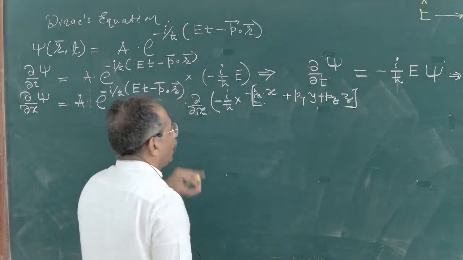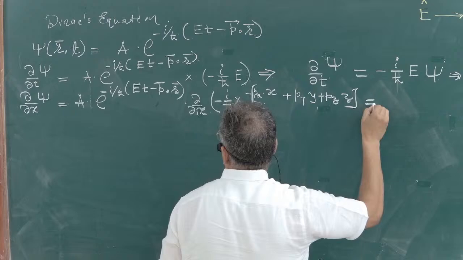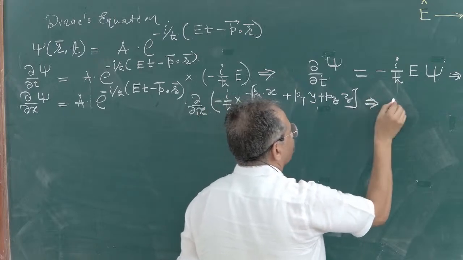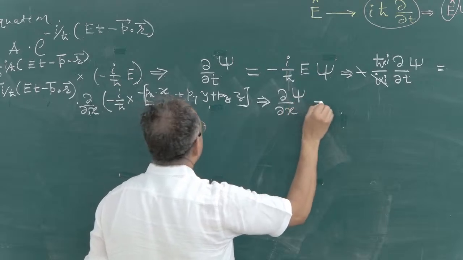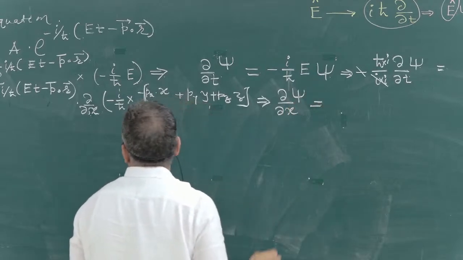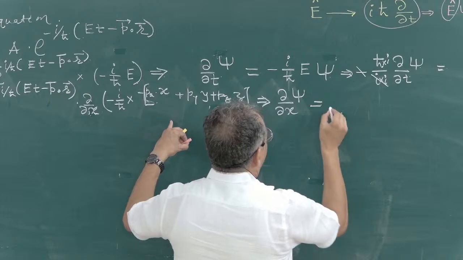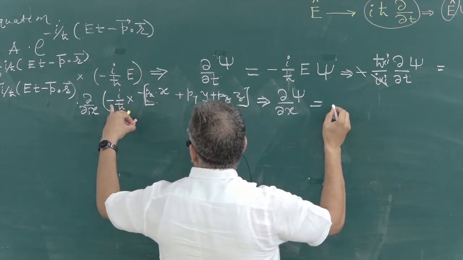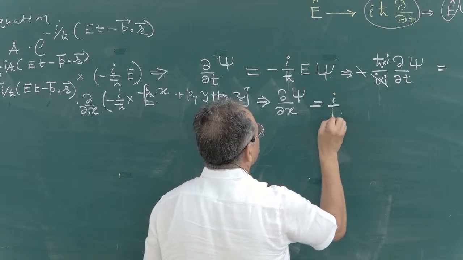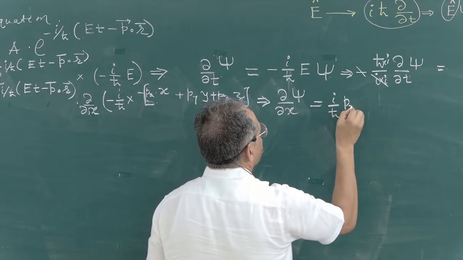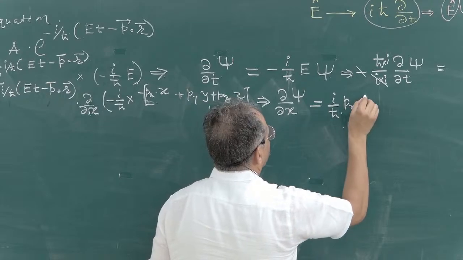So I'll simplify this so that partial derivative with respect to x operated on wave function psi will be, this minus into minus will be plus, so i upon h cross into px psi.